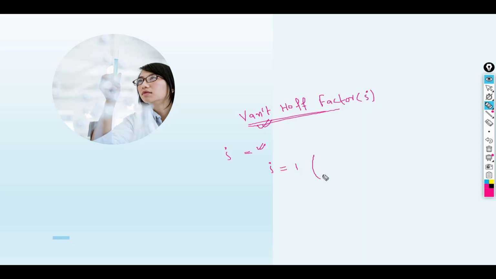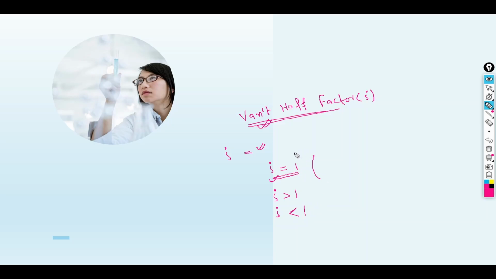It means the solute is neither dissociating nor associating. If the value of i is greater than 1, the solute dissociates, and if the value of i is less than 1, then the solute associates.